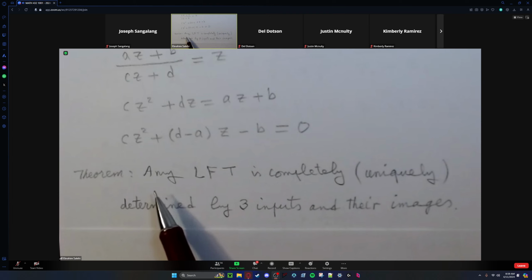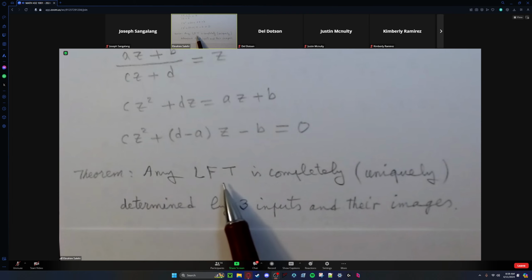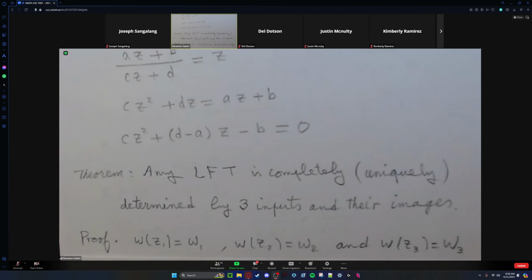I'm going to prove that any linear fractional transformation is completely and uniquely determined by 3 points, 3 inputs, and the images of those 3 inputs. So if you have 3 points and the images of those 3 points, that's enough.